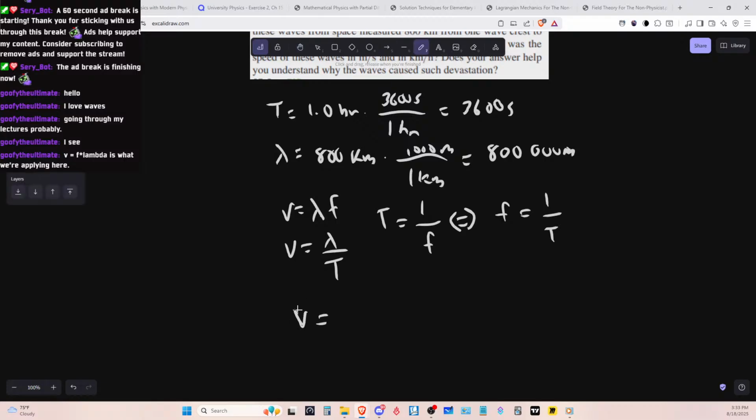Now we'll do it for the first one, for meters per second. So we're given 800,000 meters over 3,600 seconds.